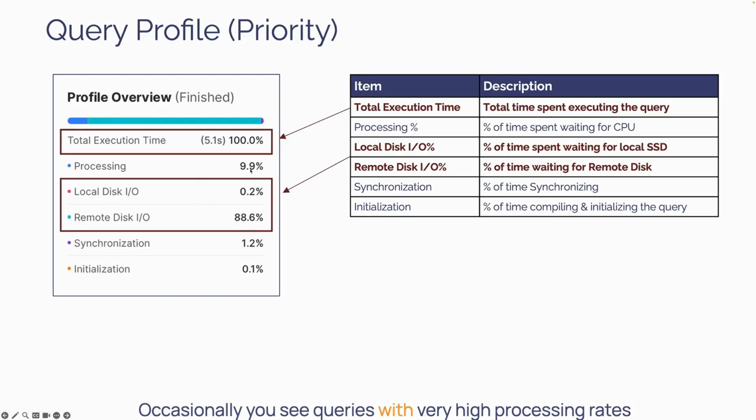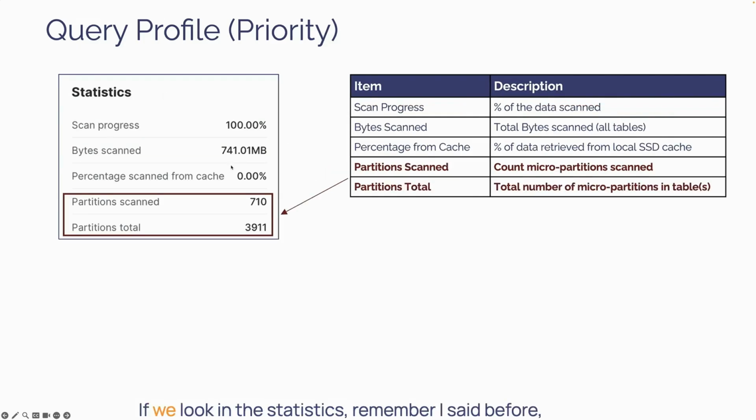Occasionally you see queries with very high processing rates. That might indicate you're doing massive sort operations, or maybe even multiple sort operations, and that's where you need to tune your query. If we look in the statistics, remember I said before we spend about 80% of our time waiting for I/O. That was because we scanned 700.